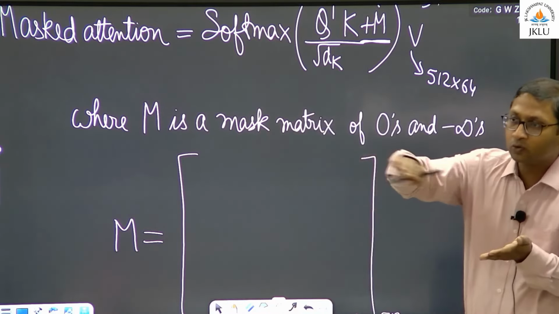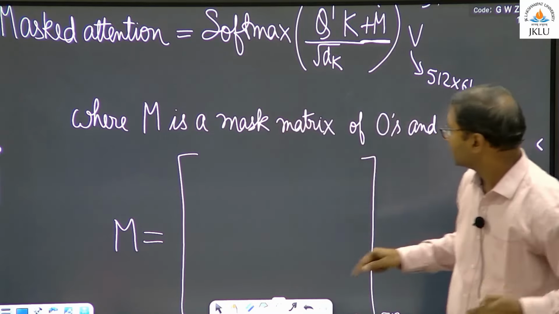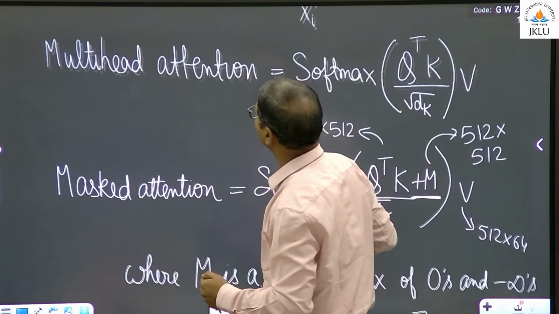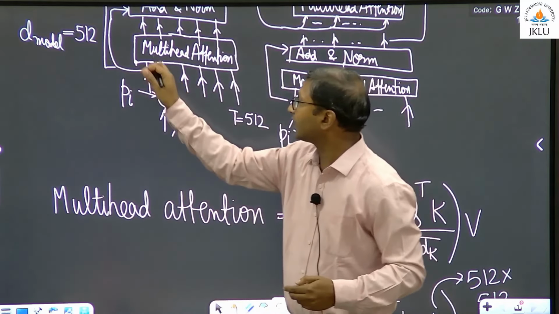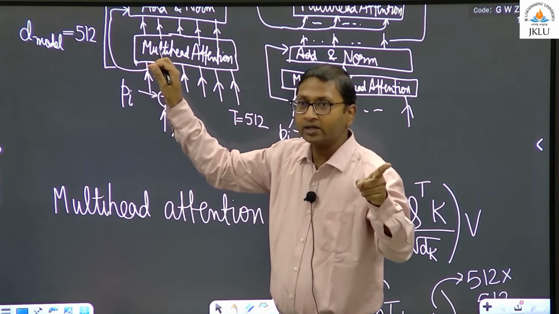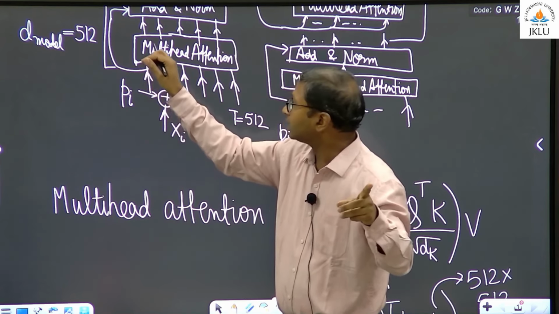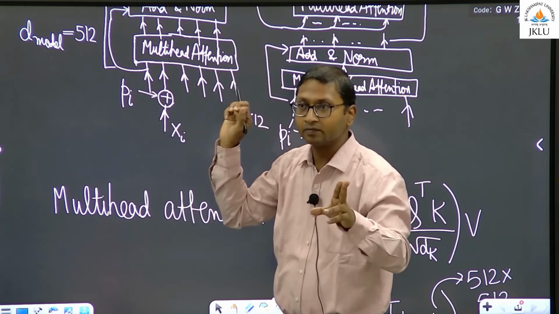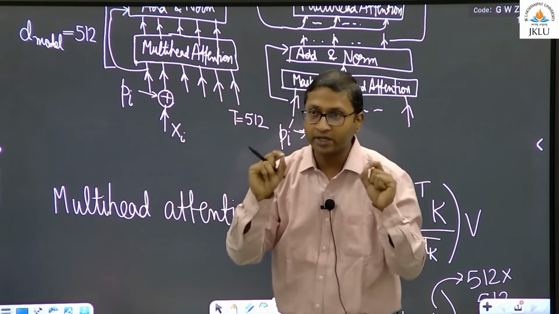See, you are not allowed to look at future things. Here we could easily do that. So here while computing this output, you take Q1 here, K1 here, dot product, and Q1 here, K2 here, dot product, and so on. But in this case, do you want to have a look at Q1 dot K2?